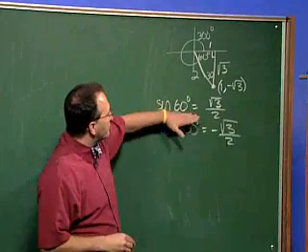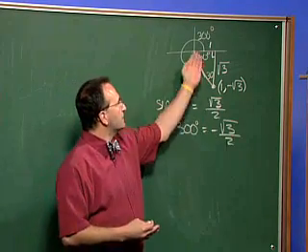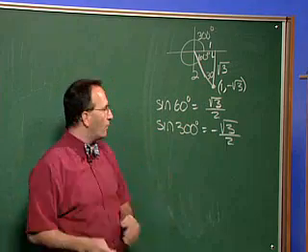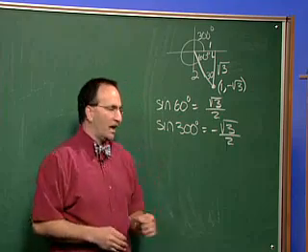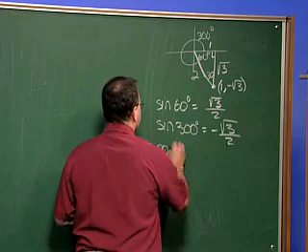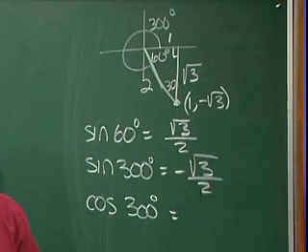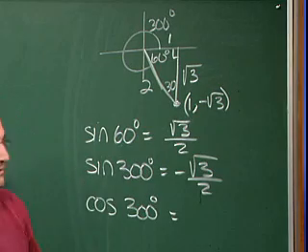So that reference angle, of course, will always give us a positive value, but when we actually take into account where the point lies, in this case quadrant 4, that is what applies the positive or negative sign to the trig value. What about the cosine of 300 degrees? Well, the cosine of 300 degrees refers to, again, the reference angle is 60.